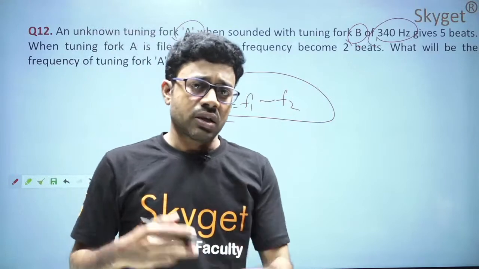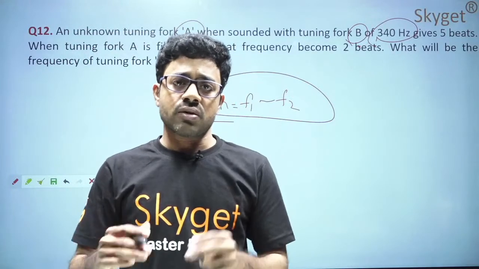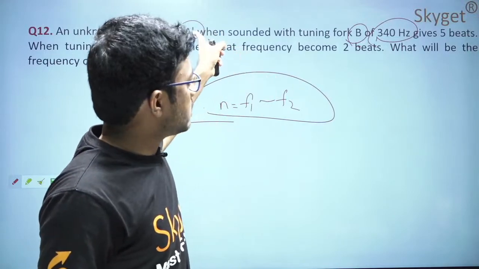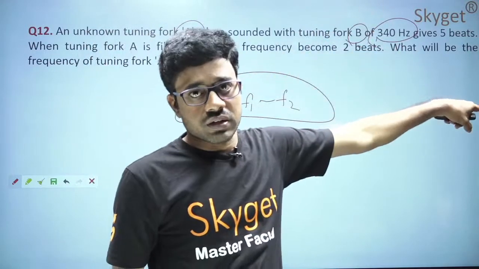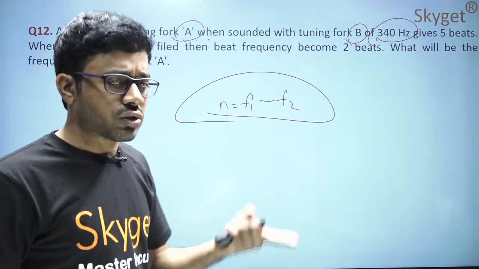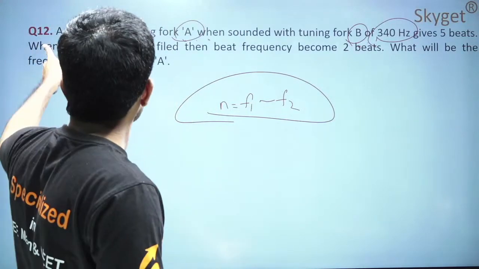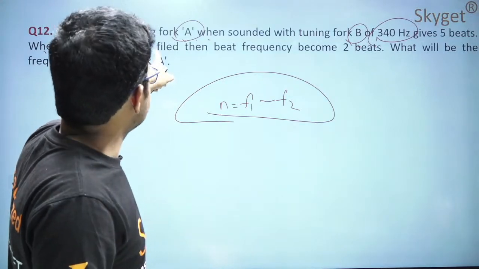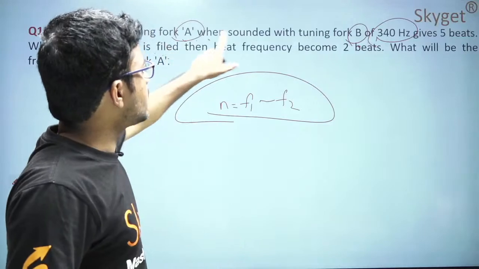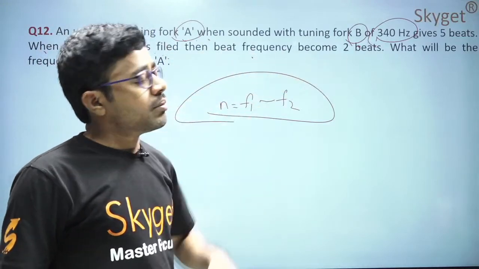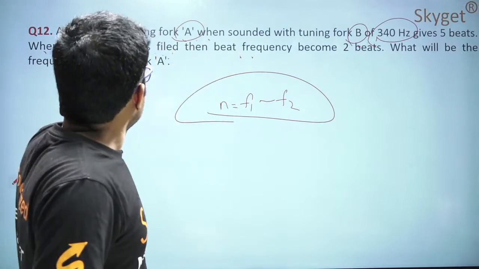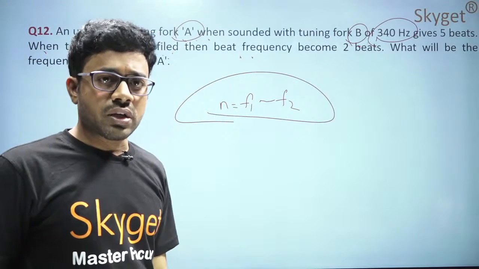So here you have to understand that the number of beats is equal to the difference of frequencies. So this frequency can be 335 or else 345, but there has to be only one frequency, so you have to find that one. When tuning fork A is filed, the beat frequency becomes 2. When it is filed, the frequency of the lower one will increase, and the number of beats becomes only 2.